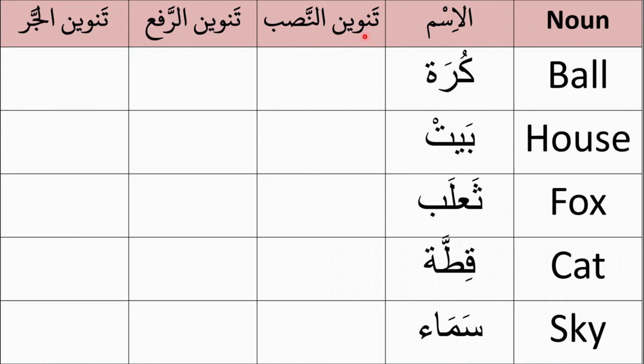Then you have to add tanween al-nasb, accusative nunation, tanween al-rafa', nominative nunation, and tanween al-jar, governed nunation. Actually, I have the answers in the next slide, so I recommend you to pause the video and try to work on this. Once you are finished, you can check the next slide, where I will explain it for you, and you can check your answers.